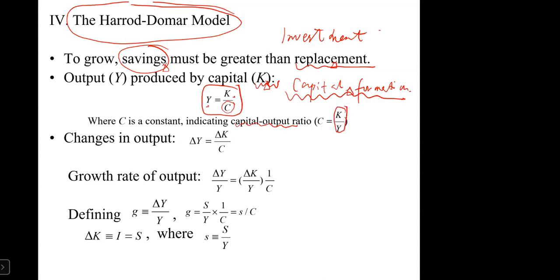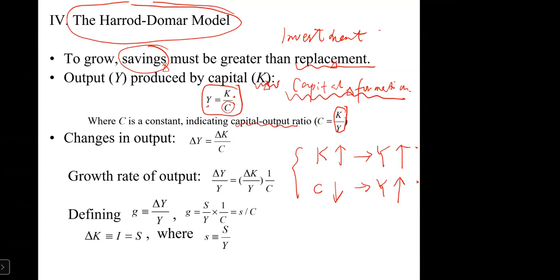And what does this say? This says 2 things. Number 1, the more capital you have, the more you can produce. Number 2, the less capital intensive, the more you can produce. So let's go 1 by 1. The more capital you have, the more you can produce.